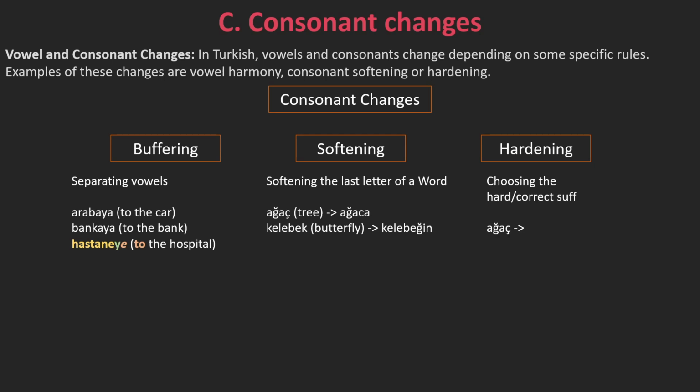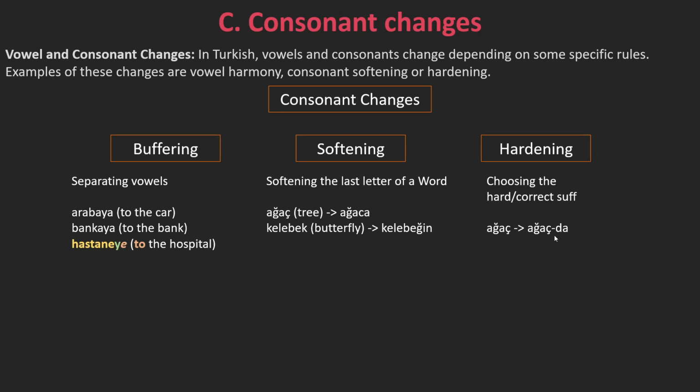And this time I want to say on the tree. I wanted to use the locative case. So the suffix is actually da or de, depends on the context, depends on the vowel harmony, like da, de, ta, te. These are the locative case endings. So I need to say ağaç, da, but the last letter is a hard letter.